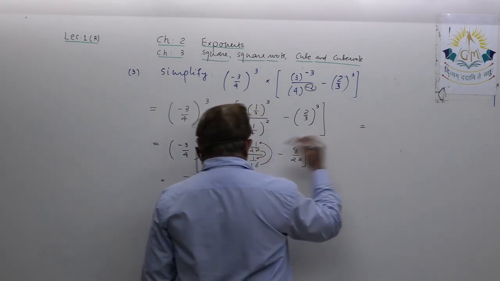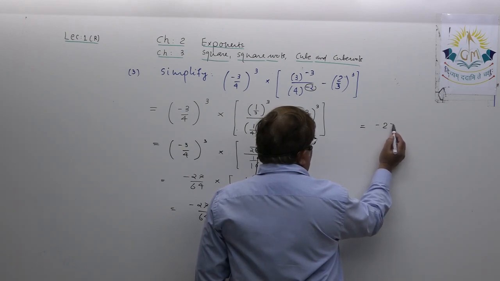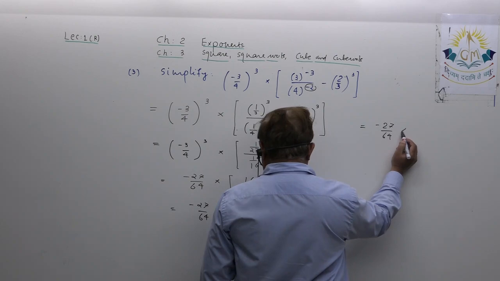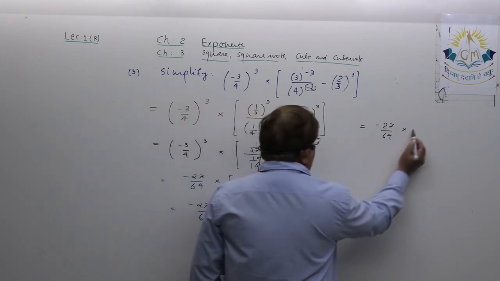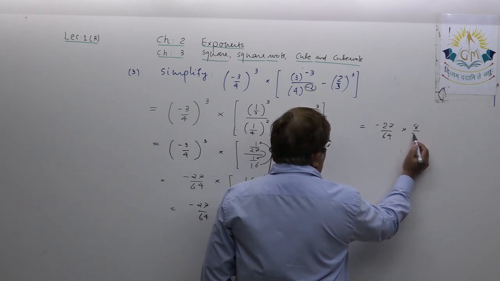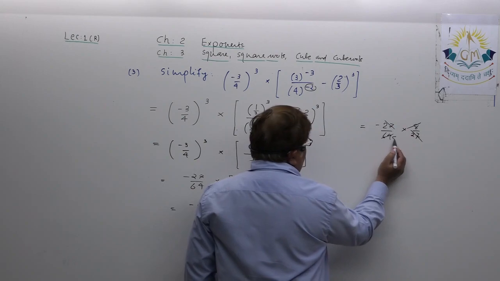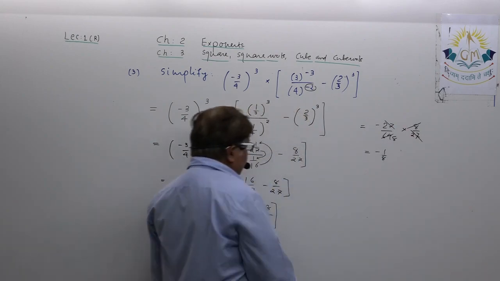So the first one you please note down, minus 27 upon 64 multiplied by 16 minus 8, that is 8 upon 27. Just cancel it. So you got the answer minus 1 upon 8.